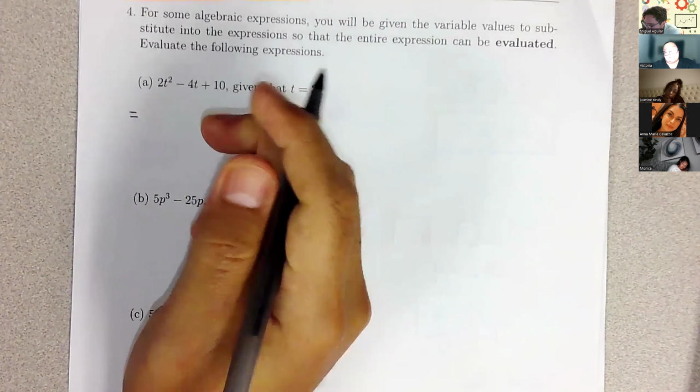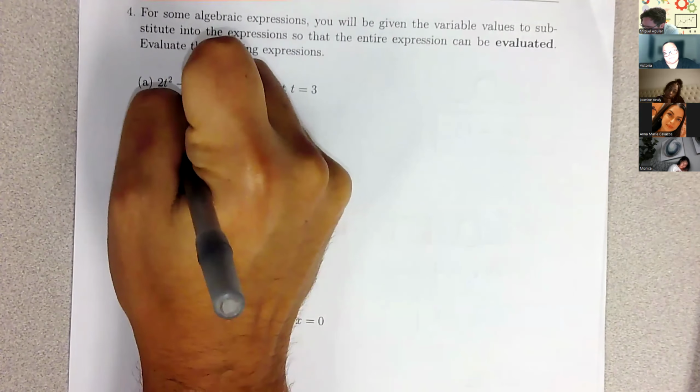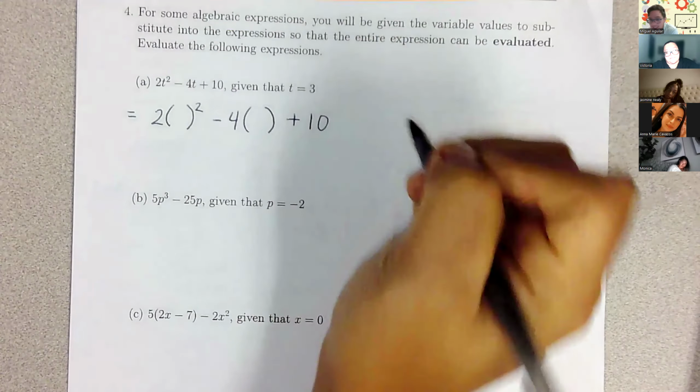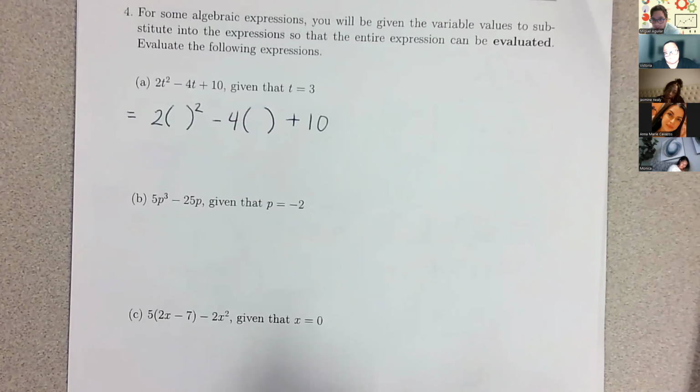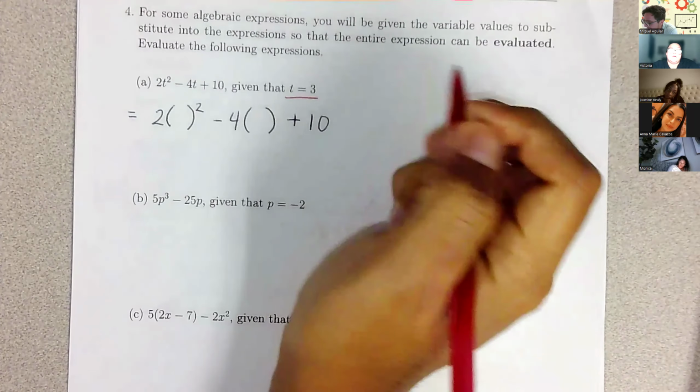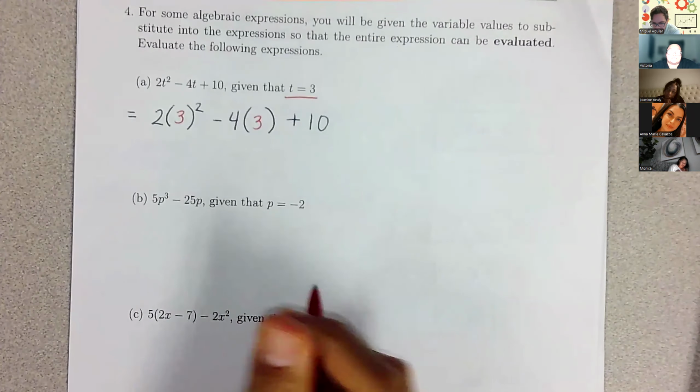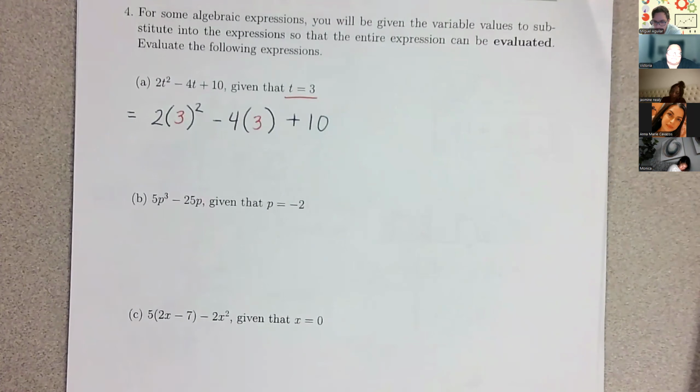You don't have to write the equal sign, but you should write 2 parentheses squared minus 4 parentheses plus 10, right? Because the variables are placeholders, and so we're using the parentheses as placeholders now so that we can plug in t is equal to 3. So I'm going to put a 3 here and a 3 there. And it looks like, Audrey, you typed that beautifully into the chat.